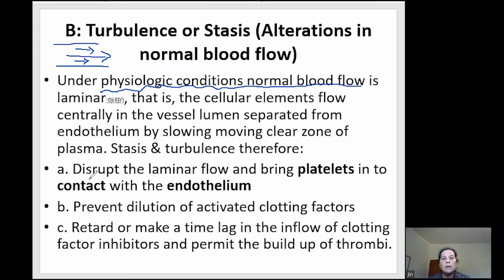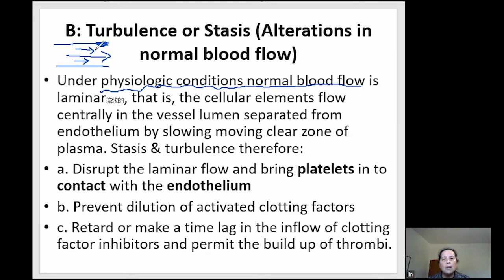When something happens, that kind of flowing will be affected. Like something here blocking the blood flow. Certainly, blood flow will not be that smooth anymore.